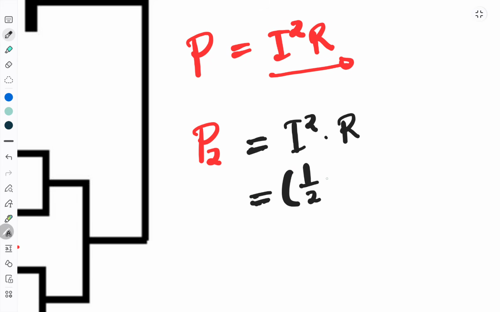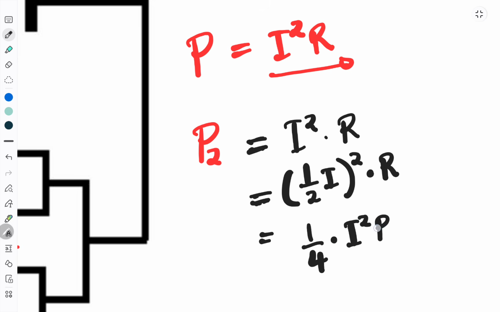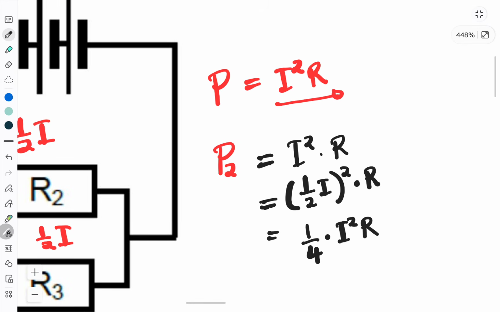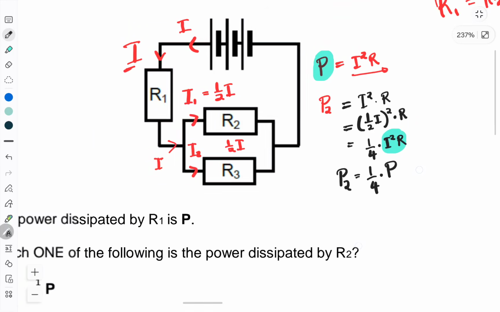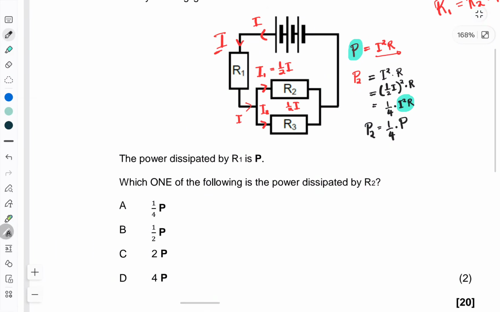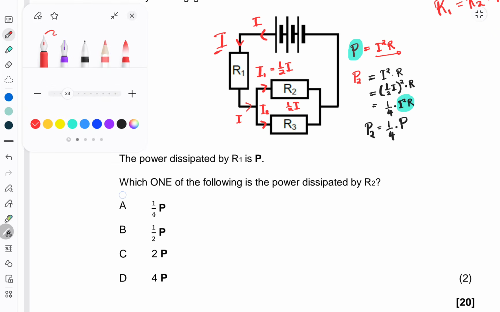We know that our current is 1 over 2 times I, which is half the total current, times R. This will be 1 over 4 times I squared R. Now if you check, this thing is our power P, right? So that means our P2, the power at resistor 2, is a quarter of the power in resistor 1. So let's check which option satisfies this condition. It was A in this case. So we can say our answer is number A. The rest won't work.